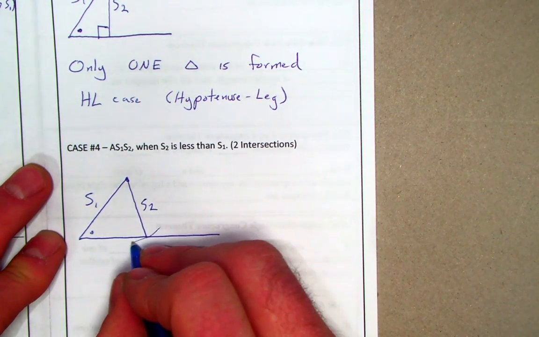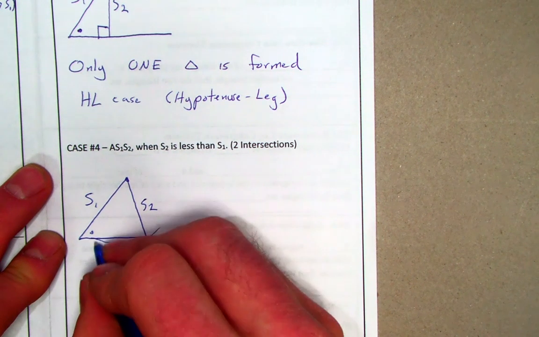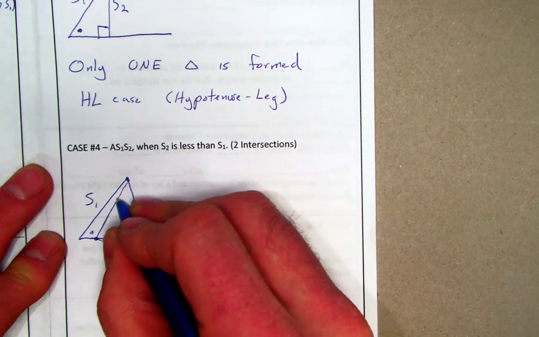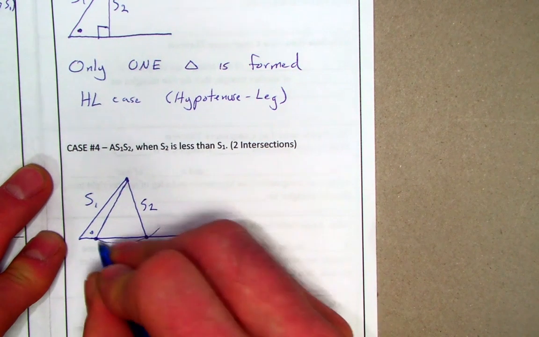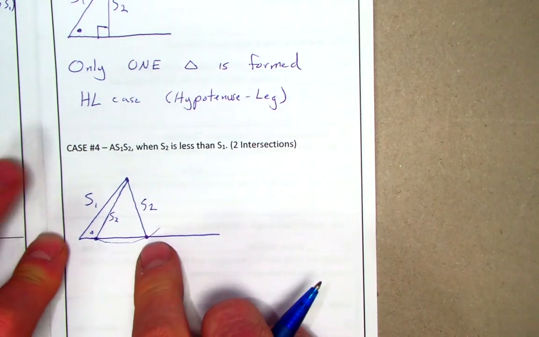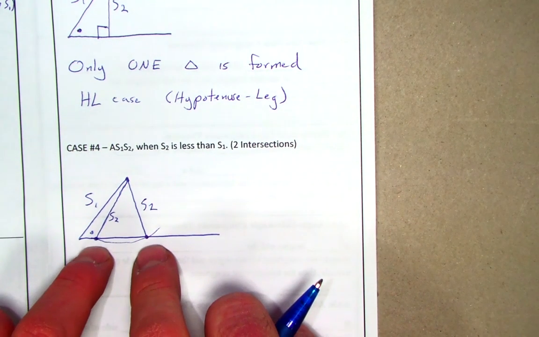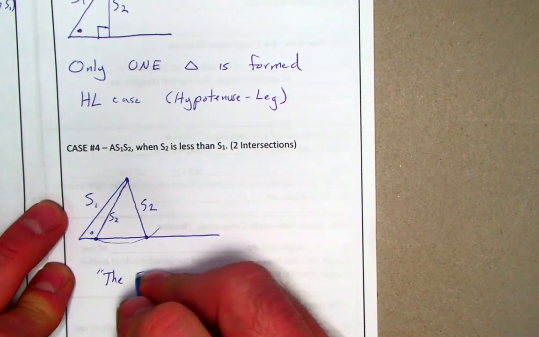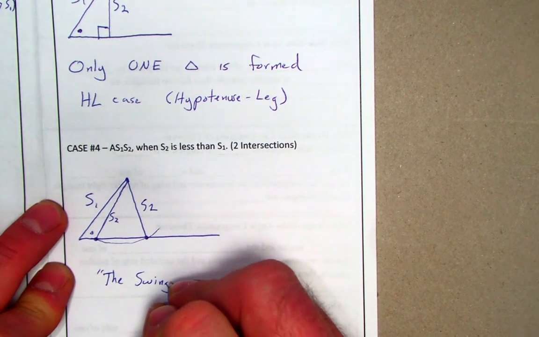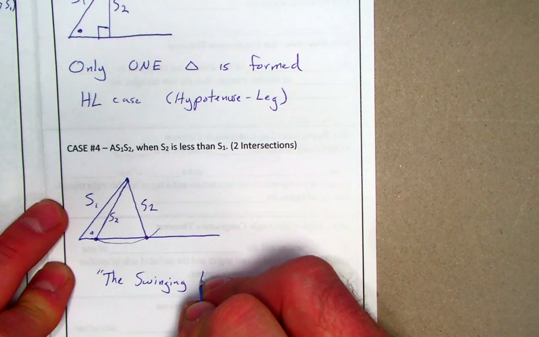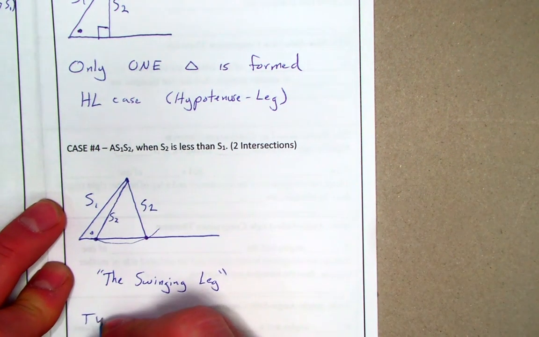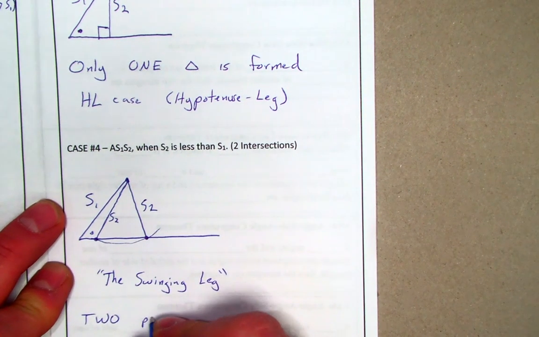And if we swing or pivot at that vertex, we're going to end up with 2 points of possible intersection. One here, or one here. So side 2 can intersect the third leg in 2 different places. So this is the swinging leg case. And in this case, 2 possible triangles are formed.